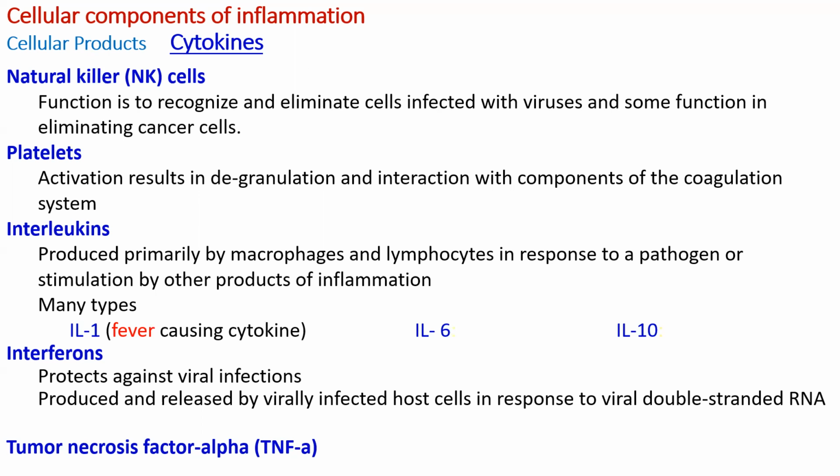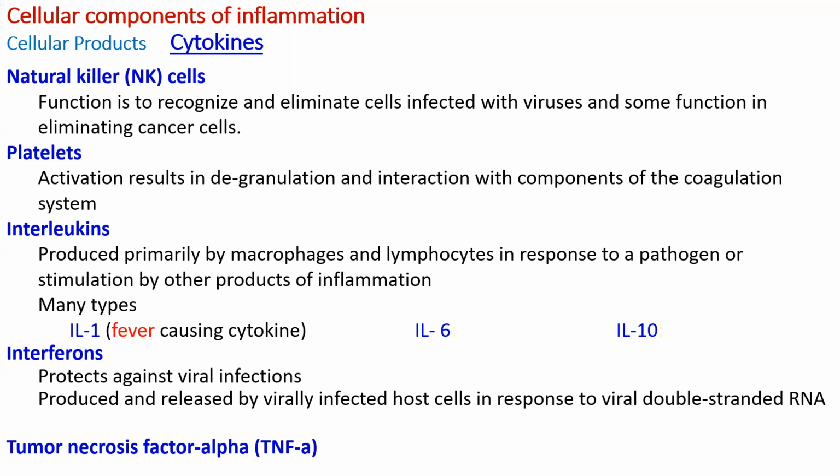The platelets, they will be activated, and the activation of these platelets will lead to degranulation and interaction with components of the coagulation system. Interleukins, like interleukin 1, 6, or 10, there are different types of interleukins.